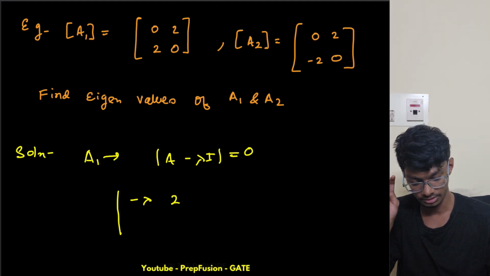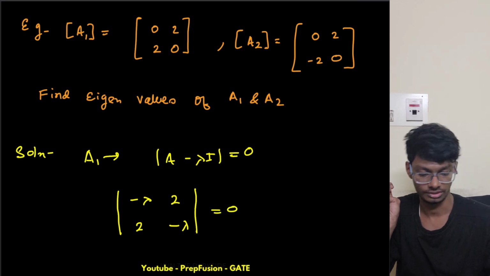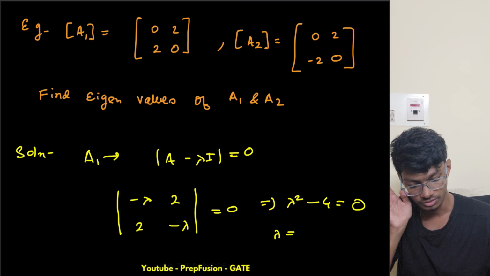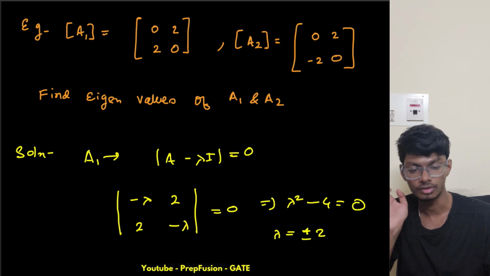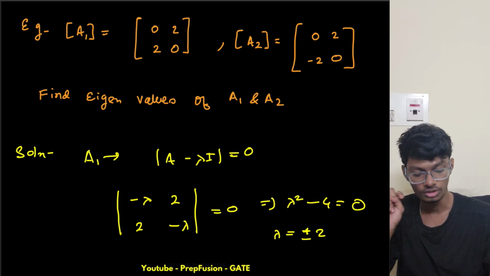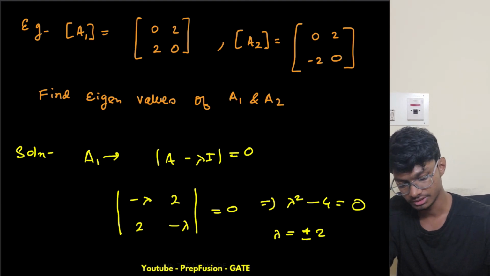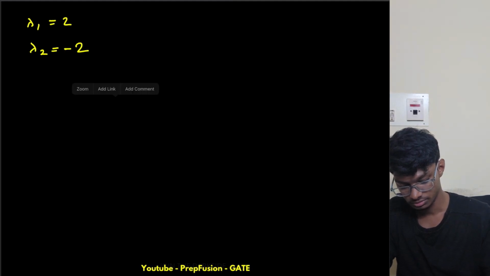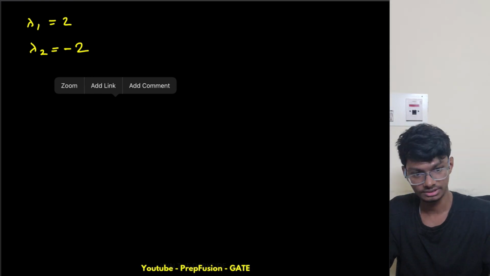So this becomes minus lambda, 2, 2, minus lambda, equal to 0. This becomes lambda square minus 4 equals 0, so lambda equals plus minus 2. So I have two eigenvalues: lambda 1 equals 2 and lambda 2 equals minus 2.